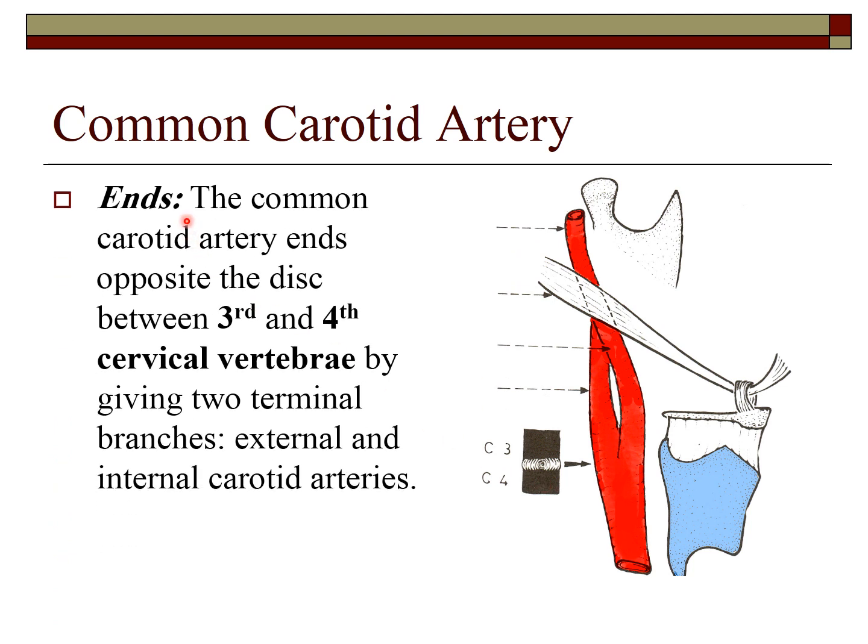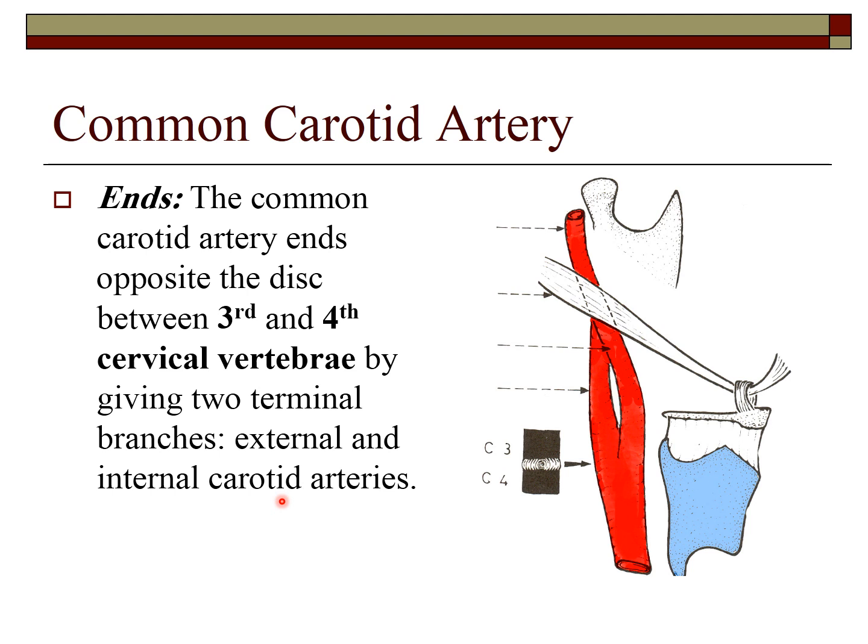So this is the ending of the common carotid artery. It ends opposite to the disc between 3 and 4 cervical vertebrae by giving two terminal branches, external and internal carotid arteries.